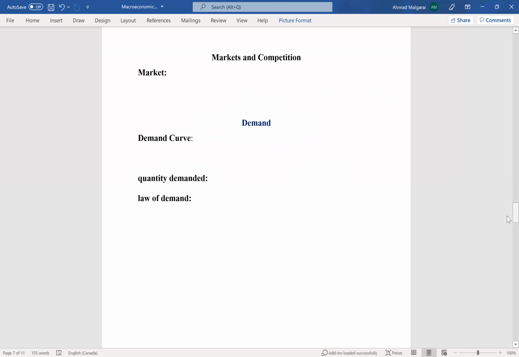Now, in terms of demand, we have a demand curve, and a demand curve is the relationship between price and quantity demanded.